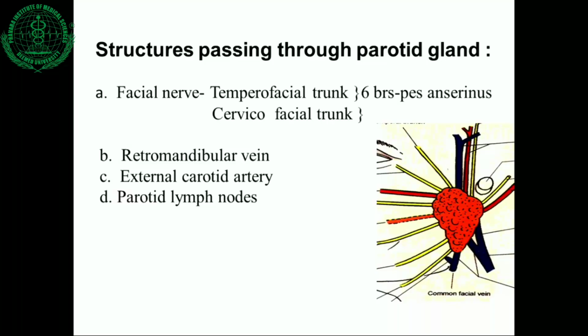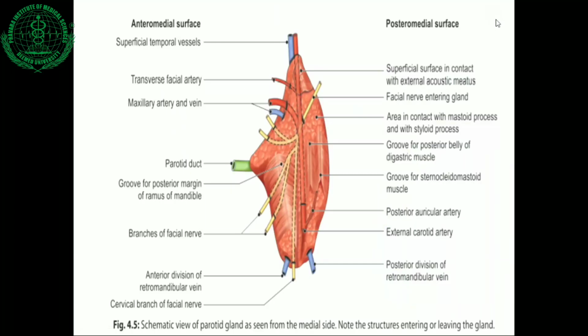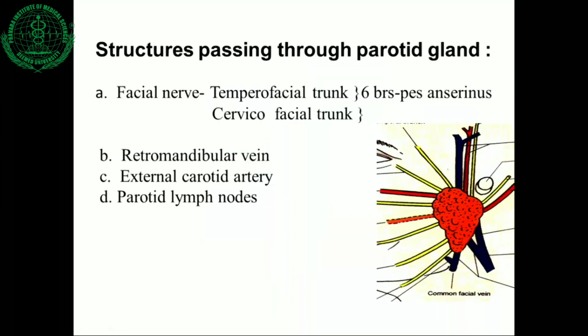Now, after the base of the parotid gland, regarding the structures which pass through the parotid gland. Through this parotid gland, the structures which pass forward in the body are: one, the facial nerve, which is also known as the queen of the face.